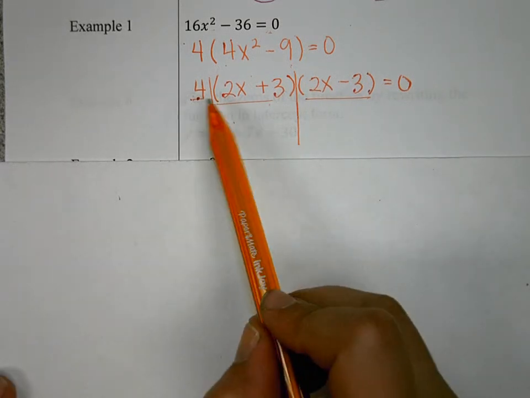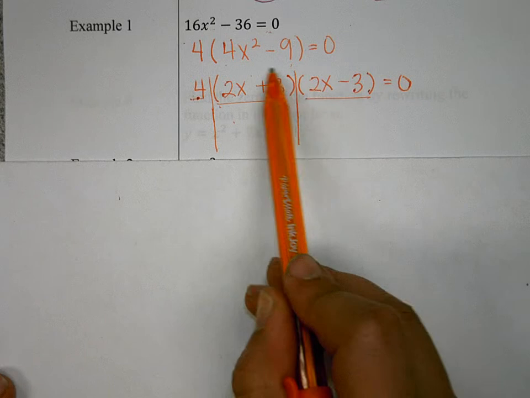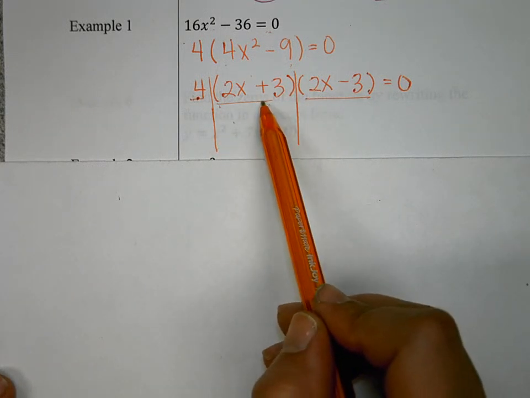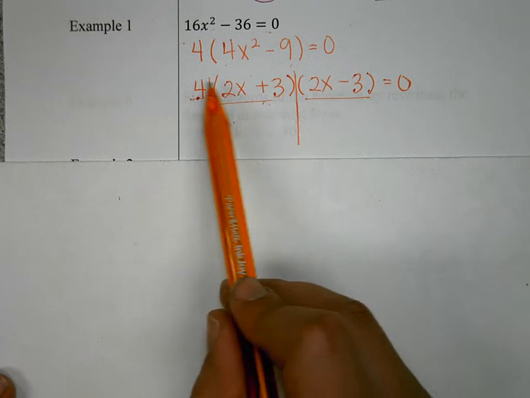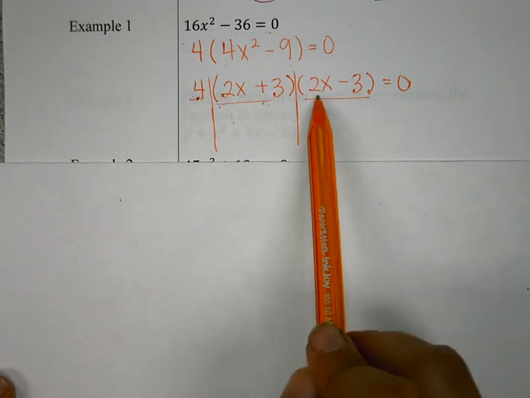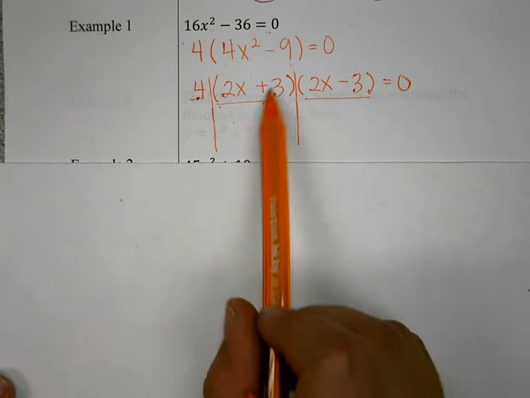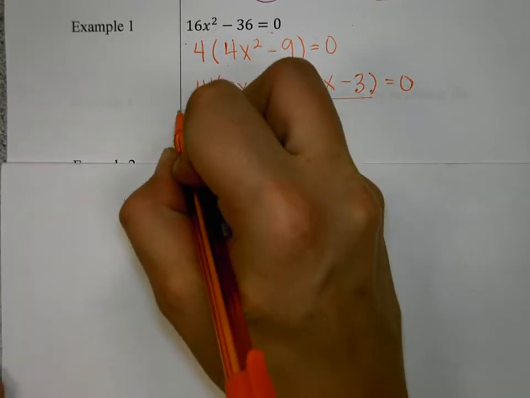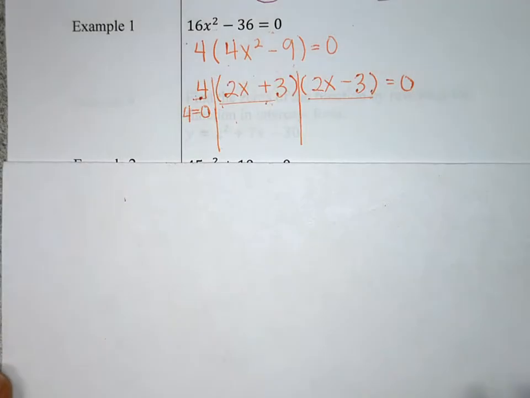So for example, if I can get 2x plus 3 to figure out which x is going to let the whole thing equal 0, even if none of the others come out to 0, when I multiply 4 and 2x minus 3 by this term, which is going to be 0, the whole answer will come out to be 0. So we have 4 equals 0.